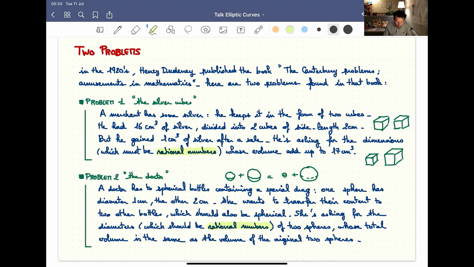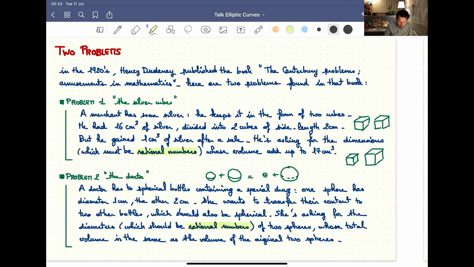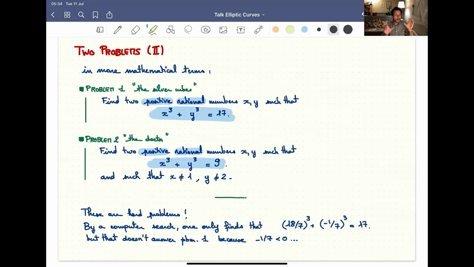It's quite clear that the two problems are related, and I will start by stating them in a more mathematical form. For the first problem, about the silver cubes, we want to find the dimensions of the cubes such that the sum of the volumes is 17 cubic centimeters.